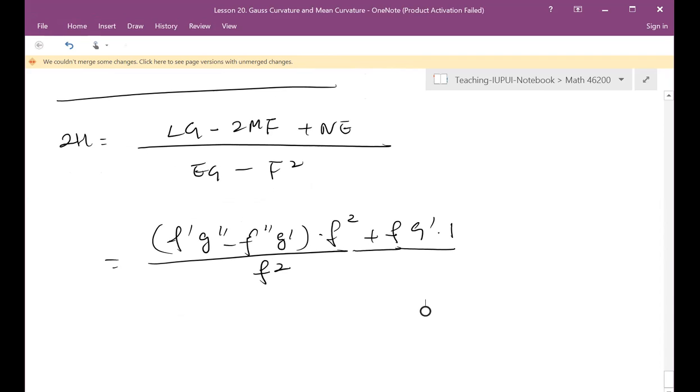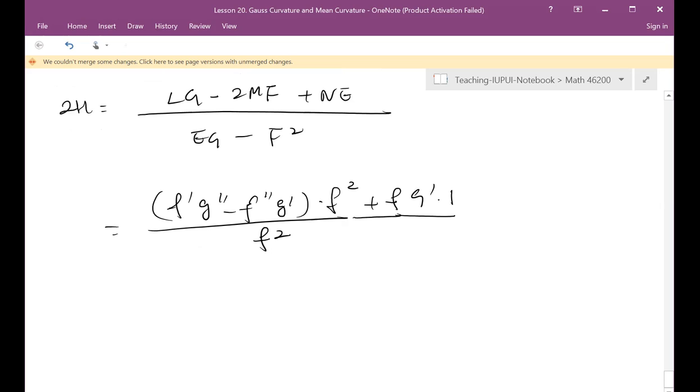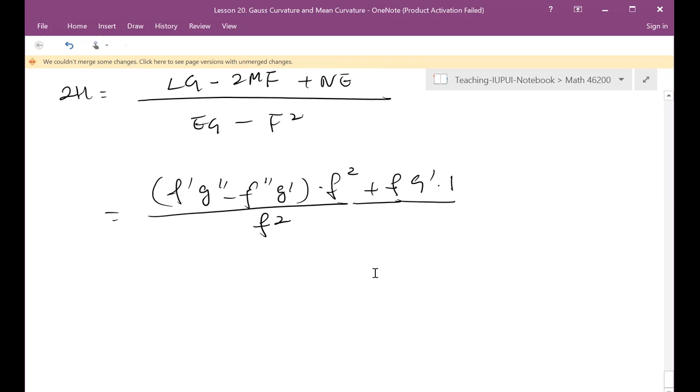So the mean curvature is a little bit more complicated. We cannot simplify it further.